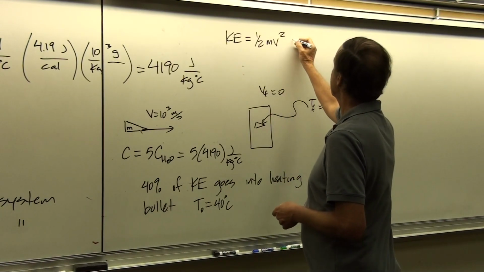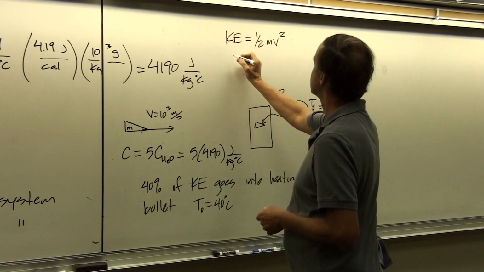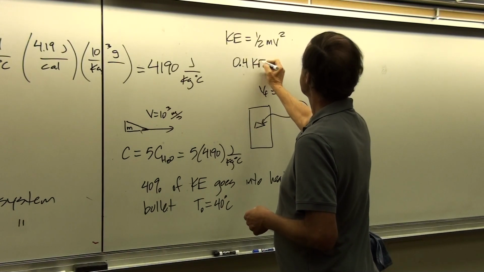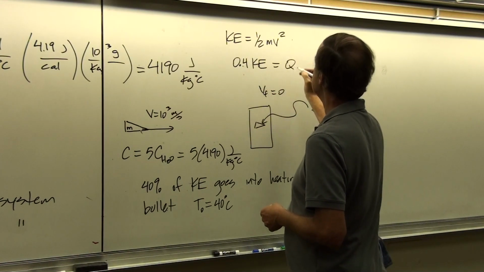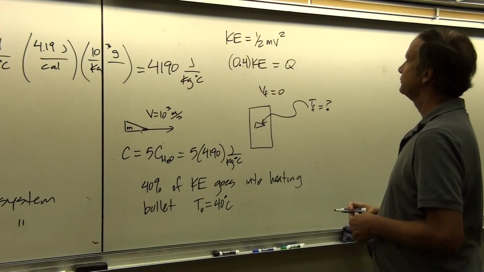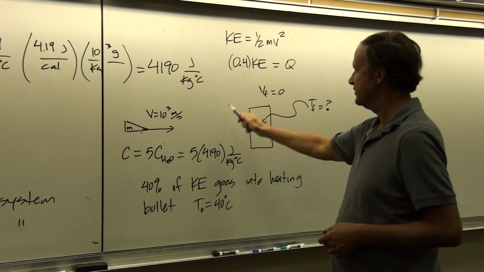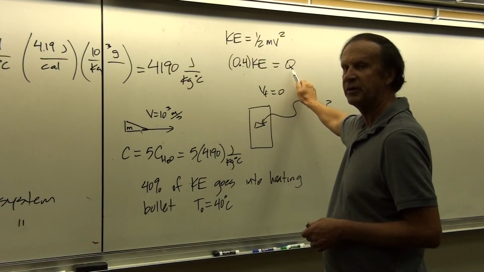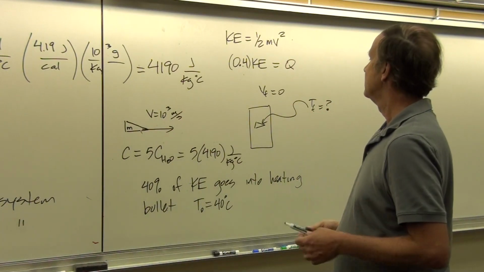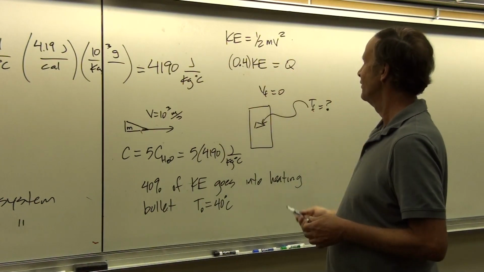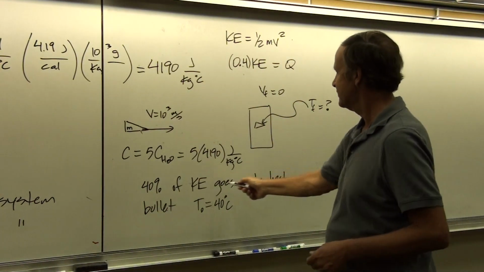And so that kinetic energy times 0.4 is going to equal the heat. This is from the statement that 40% of the kinetic energy goes into heating up the bullet. So it's just like a word problem where you're writing the equation from the way that the sentence is written.